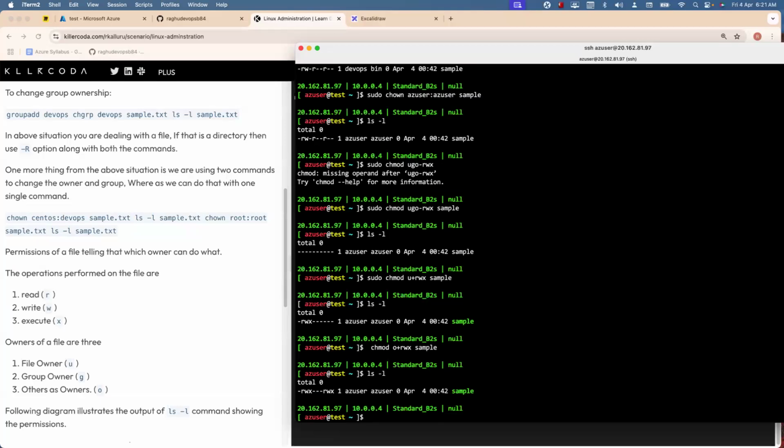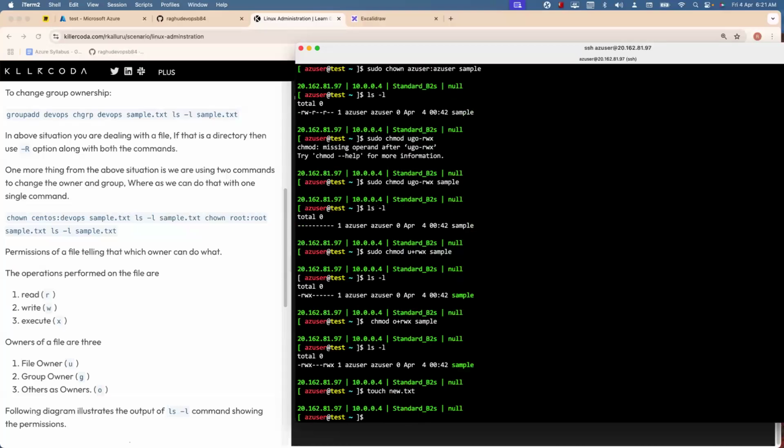For example, if I have any file, touch new.txt, and sudo chown DevOps:DevOps new.txt.